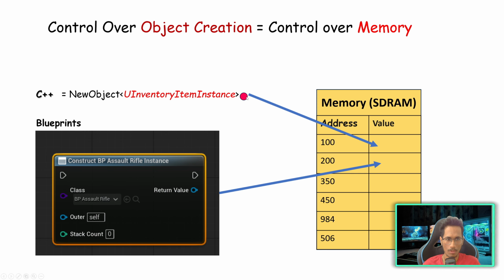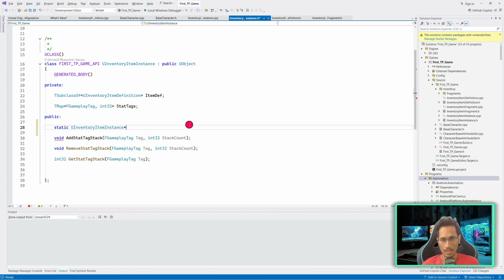We will create the object, which will be registered in memory, and we will give a pointer that points to this value. Because, as you know, we cannot carry big objects everywhere. So we create it in memory and then store its reference in a pointer. So we are going to return a pointer where the object is created in memory, and I will call this function create item instance.